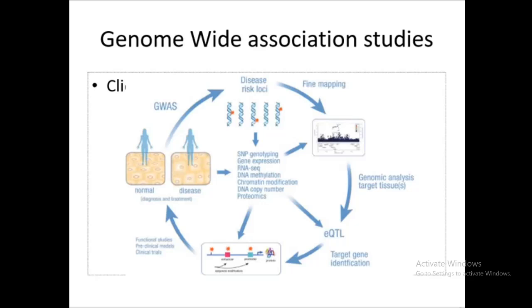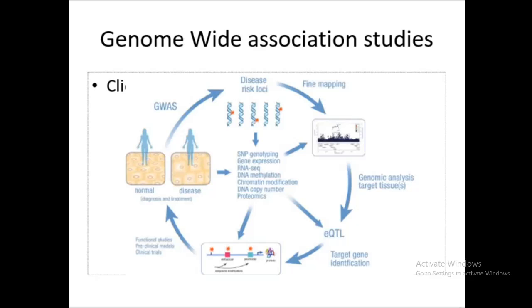You analyze their DNA, and at the end of that process, what you want to do is identify parts of the DNA that differ between the normal and disease population, and from that identify disease risk loci, so loci that look as if they would be indicative of disease.